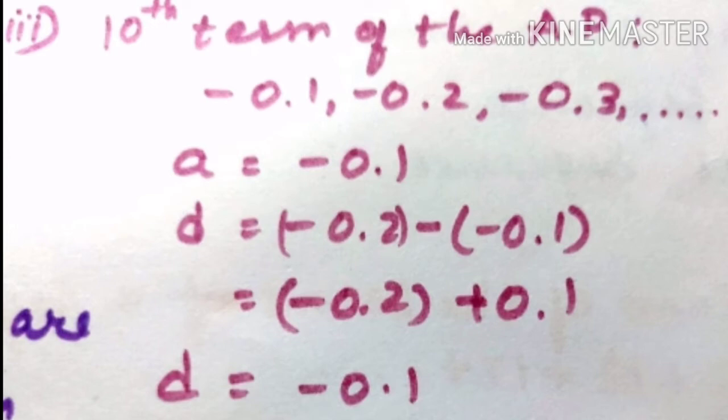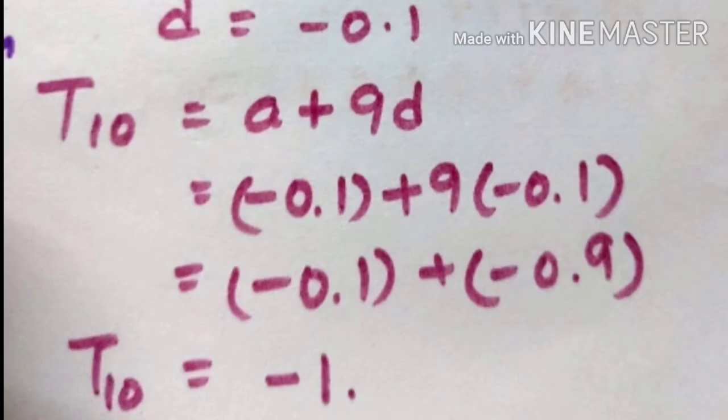Always, students, you should understand this very clearly: d, the common difference, is the difference between the consecutive terms, that is second minus first. So minus 0.2 minus minus 0.1, that is minus 0.2 plus 0.1. So the difference is equal to minus 0.1.